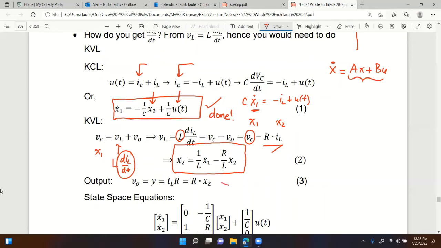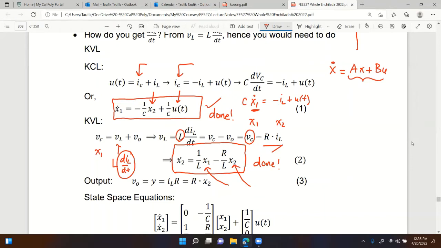You can see on the right-hand side I have x1 and x2 only, nothing else. That means we are done for the x2 dot equation. All right. So for this example, it's not bad. By just one step for KCL, one step for KVL, you get the two equations for x1 dot and x2 dot. What about the output equation?